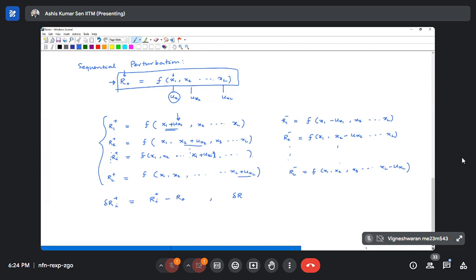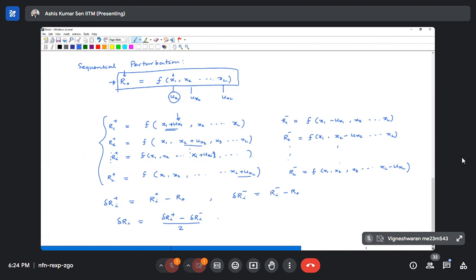Similarly, delta Ri minus is Ri minus minus R naught. So delta Ri I define as delta Ri plus minus delta Ri minus, divided by 2.